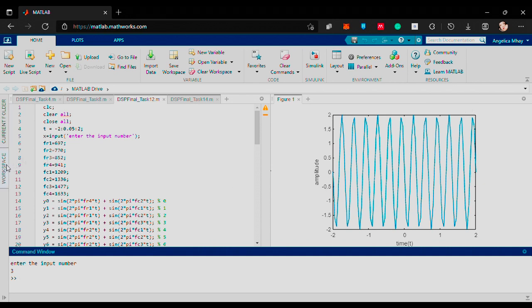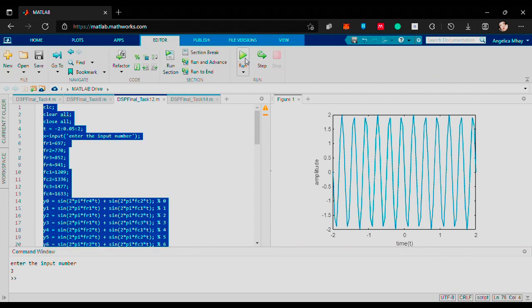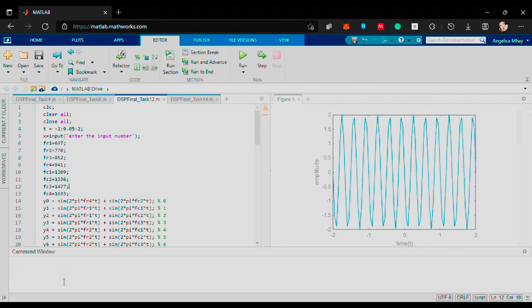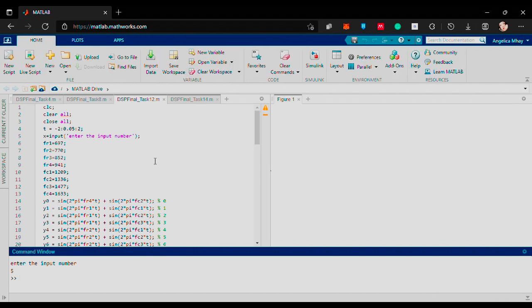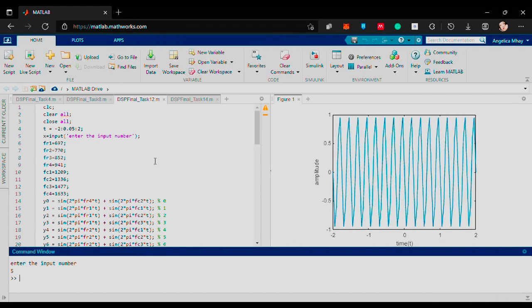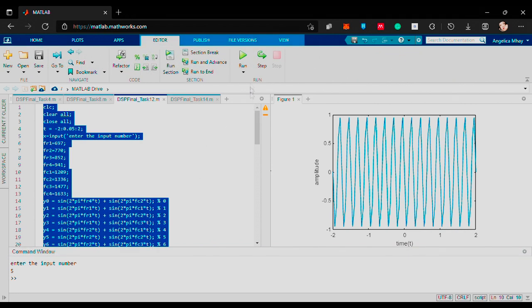So this is the output, and then let's run it again. 5. As we can see here, the signals are more defined compared to the 3.